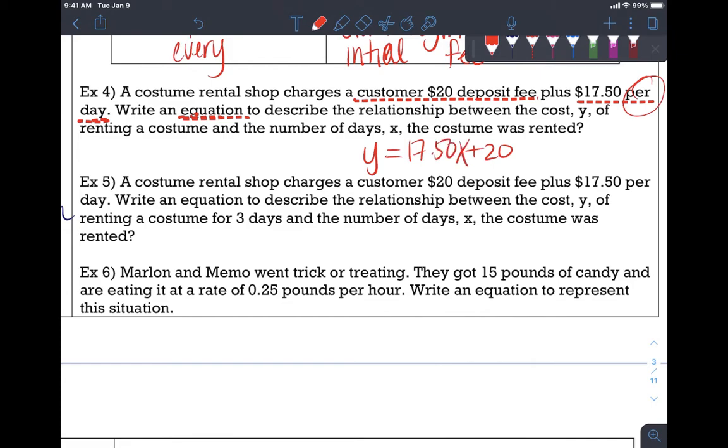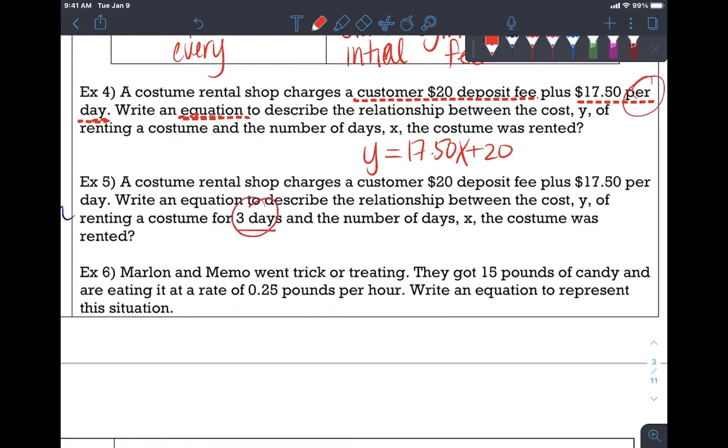All right, next one. A costume rental shop charges a customer a $20 fee. So it's the same question. Oh, okay. So here they wanted us to plug it in. 3 days. Okay.